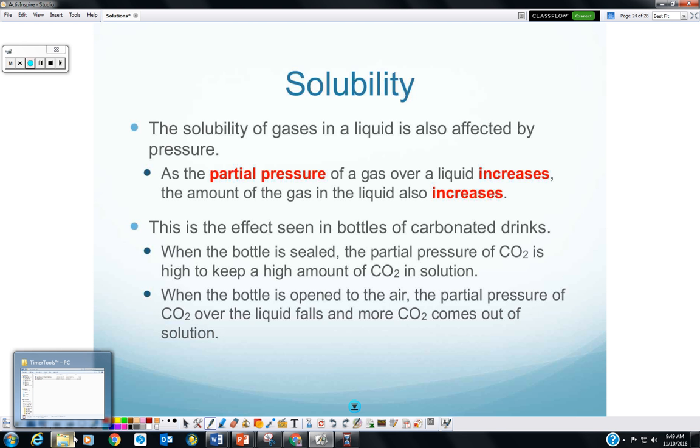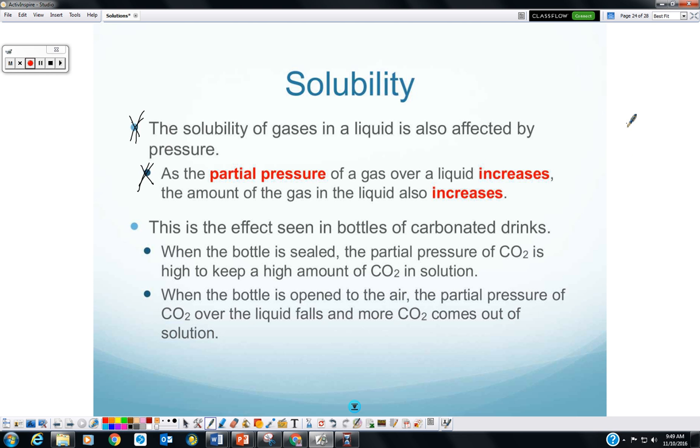So last thing as far as notes, actually we have a little bit more. Solubility of gases is also affected by pressure. You need to know that statement. And then this second statement right here: as the partial pressure of a gas over a liquid increases, the amount of the gas in the liquid also increases.